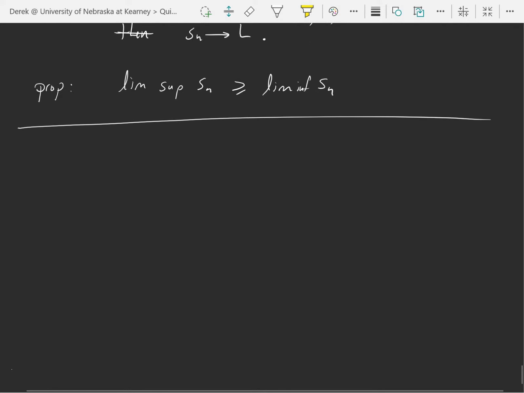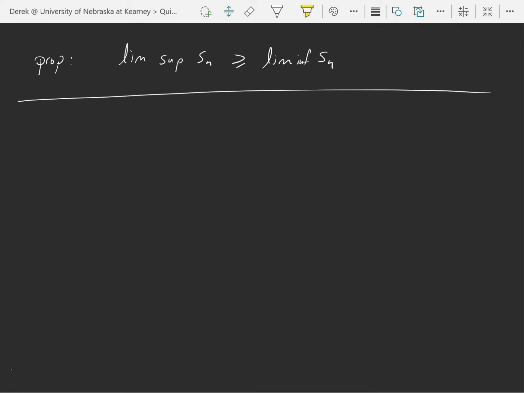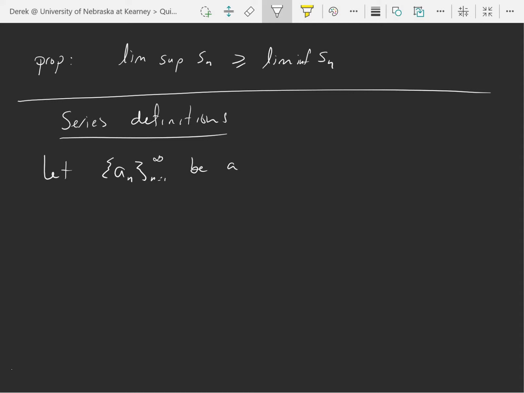Okay. So what is a series? Okay, so let a sub n, n equals 1 to infinity, be a sequence. We've got notation for adding up these terms. We'll call them terms if they're going to be part of a series.